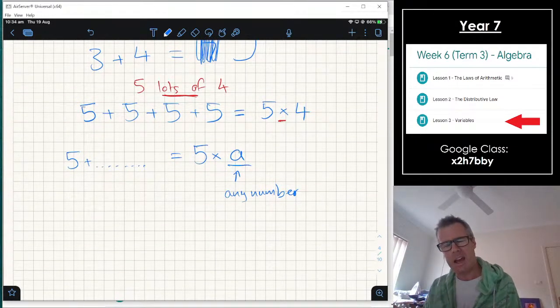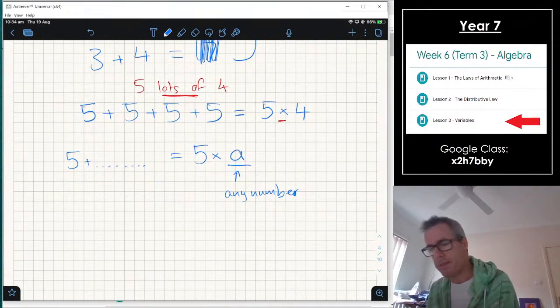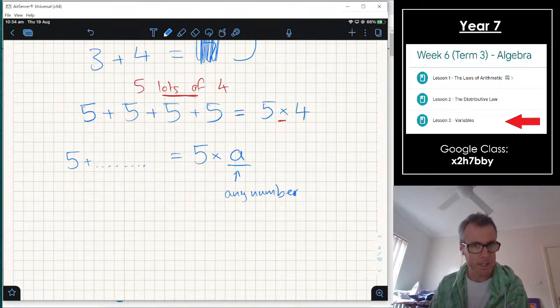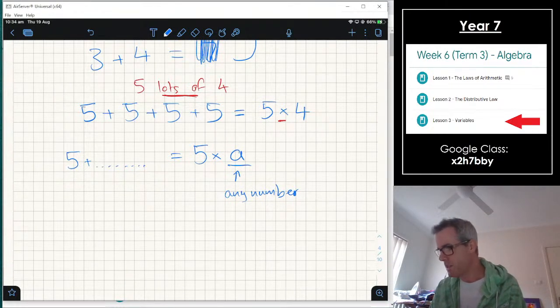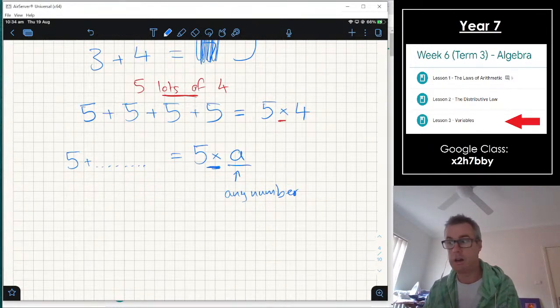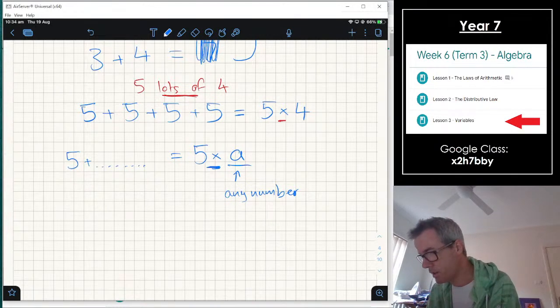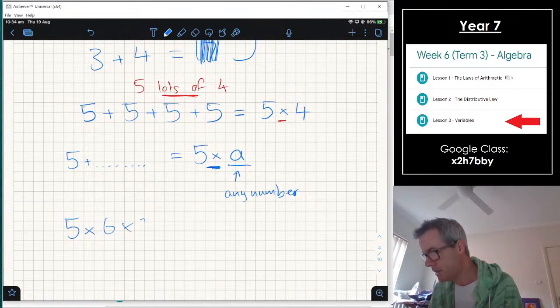Now, algebra doesn't just stop at this, however. It simplifies it even more, because sometimes writing a million different multiplication symbols can mess with your mind. It can be really hard to read. Let's say I have 5 times 6 times 8 times 4 times 5 times 7 times 2.